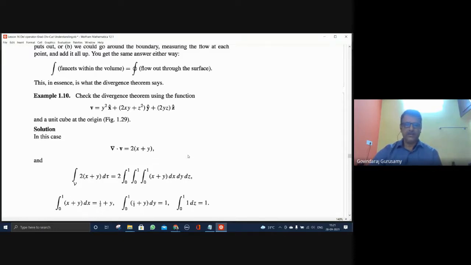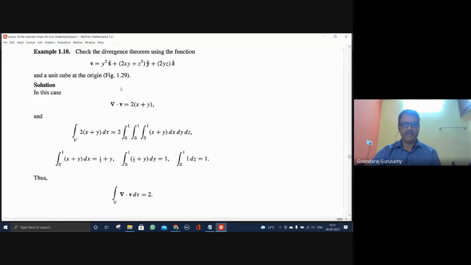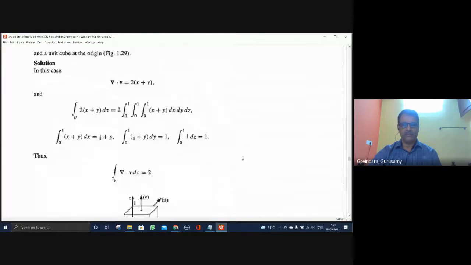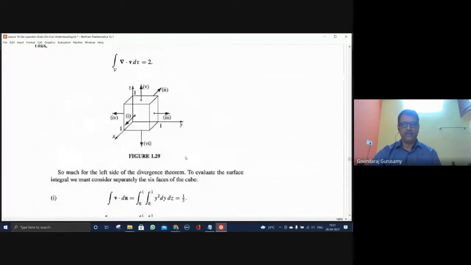Now find out the volume integral: 2 into x plus y d tau. This is dx, dy, dz, from 0 to 1, 0 to 1, 0 to 1, because it says so for figure 1.29. Where is it? This is 1.1. There is 1 unit along x, 1 unit along y, 1 unit along z.